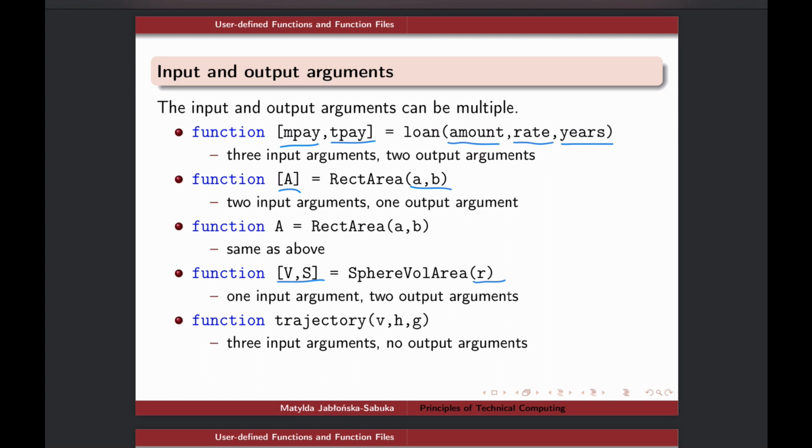You can also have functions with no outputs. So for instance, maybe a function just draws a figure, but you're not interested in any numerical values coming out. And alternatively, you could also have a function which has some outputs, maybe x, y, but it has no inputs.